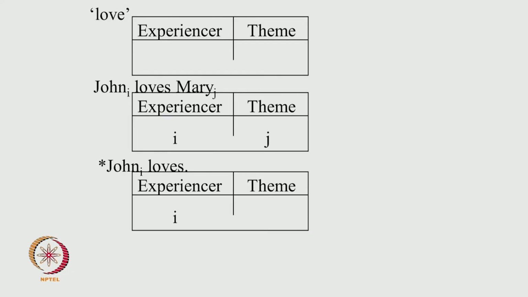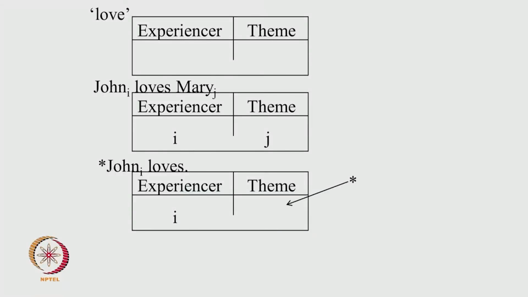However, the reason why we just cannot say John loves, and the sentence becomes not acceptable or ungrammatical, is because the other argument in the thematic grid is empty. It's not filled. Therefore, this sentence is not acceptable.